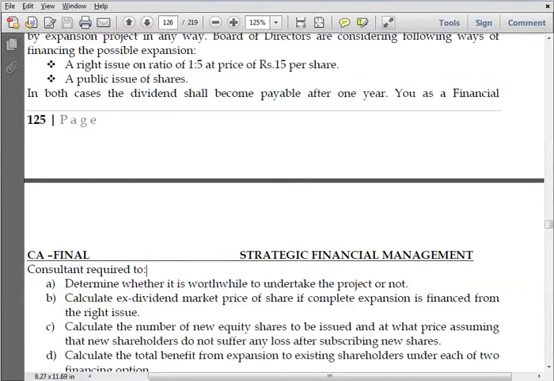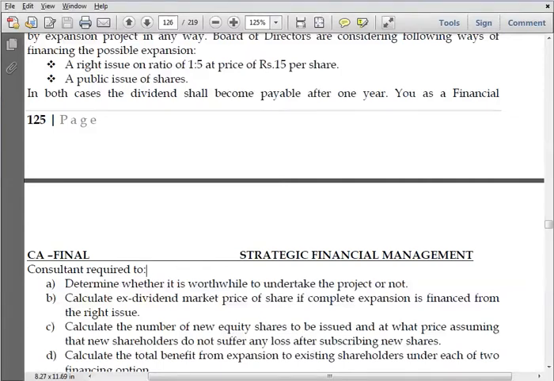What is the NPV per share? 20 by 50, that is 0.4. So price will go up to 21.6. This is not because of the rights issue, this is because of the project announcement. So the moment the project is announced, the price goes up from 21.2 to 21.6. Any doubts in this?